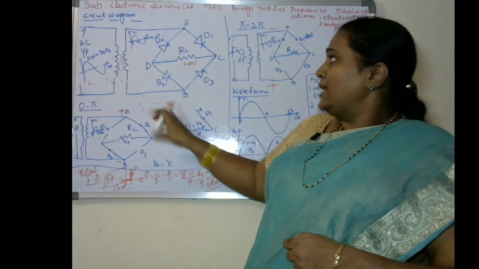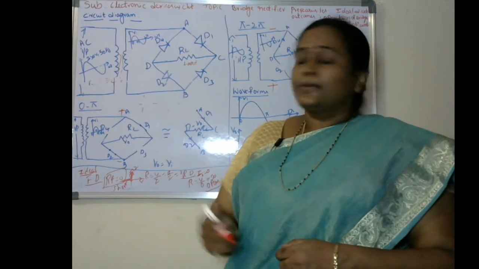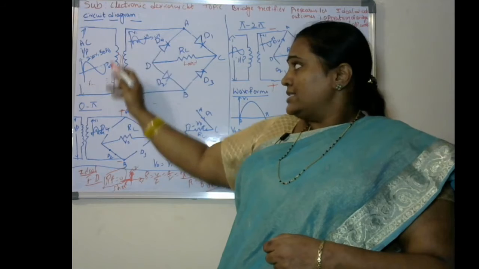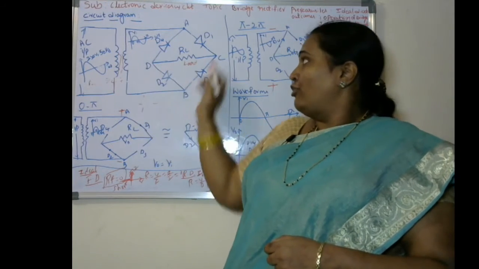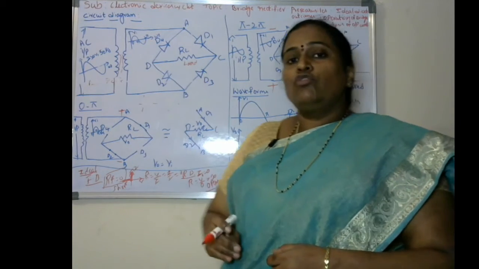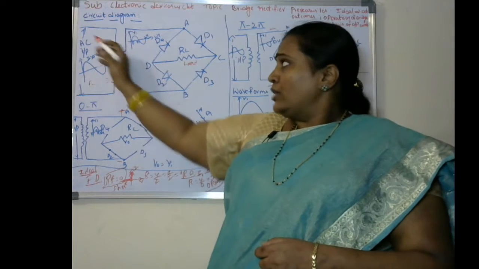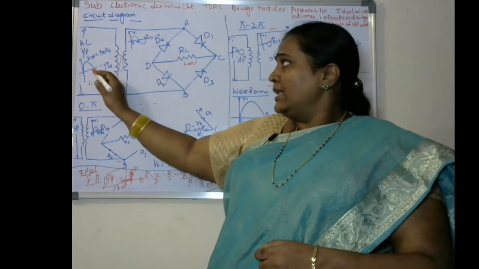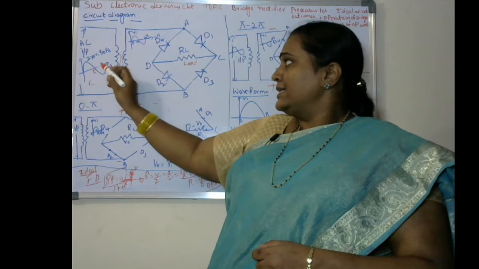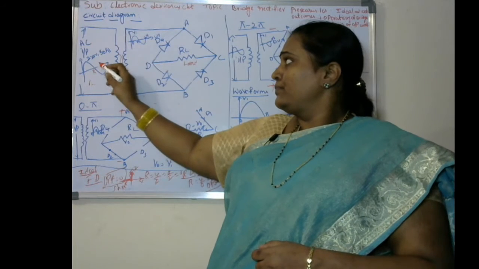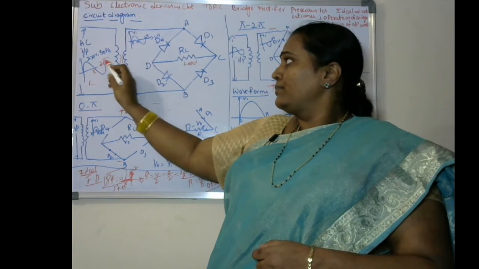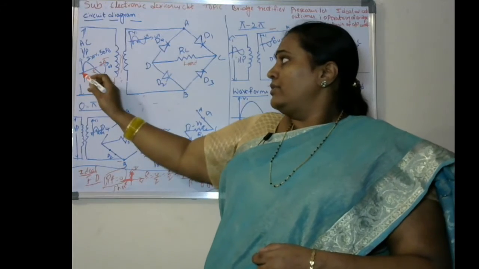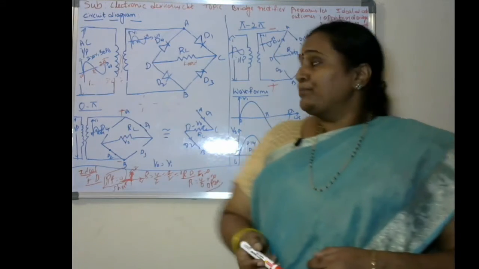So this is the circuit diagram of the bridge rectifier circuit. We require a step down transformer, 4 diodes and a load resistor RL. We apply an AC signal, an alternating signal, for a total of 2 pi.